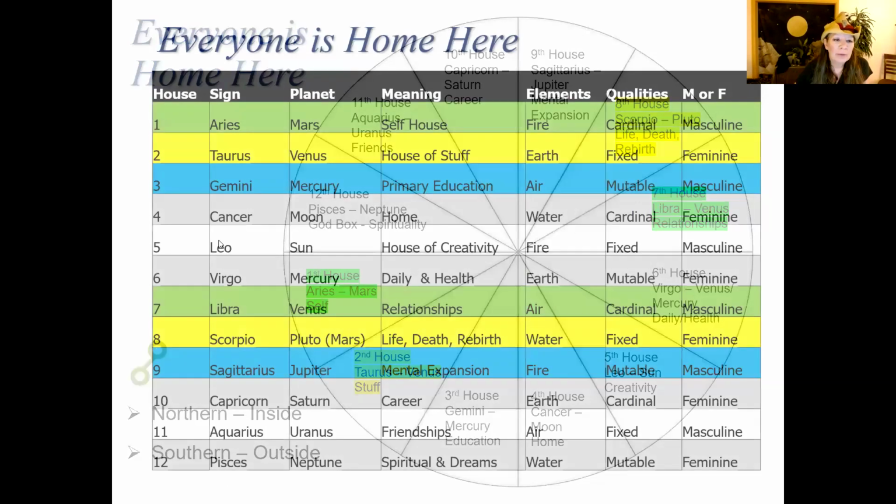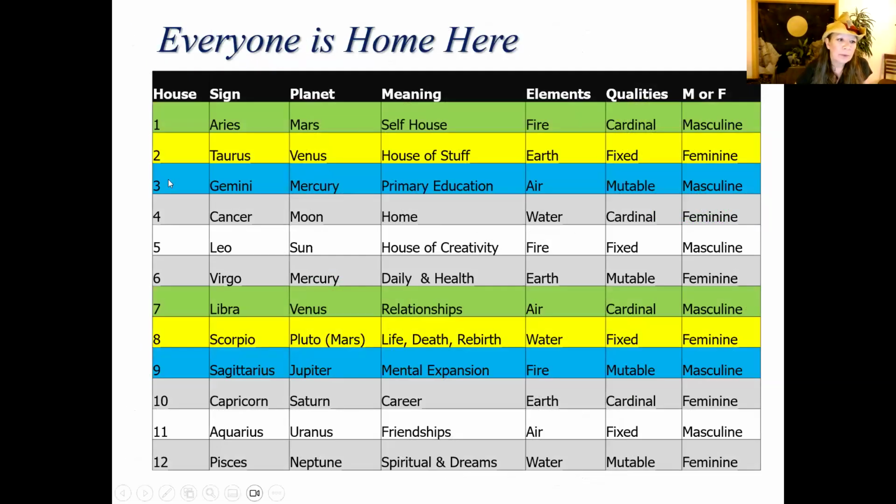Then we're going to go down to the next one. You will have the Gemini-Sagittarius opposition. Again, there are only six different types of oppositions, because there are 12 signs, and cut it in half, you've got it. So now you have Gemini, Mercury, primary education. It's an air sign, mutable and masculine.